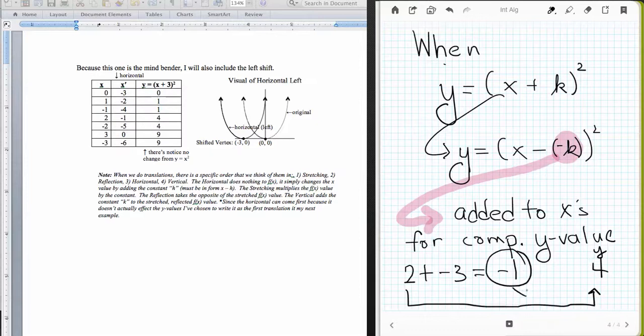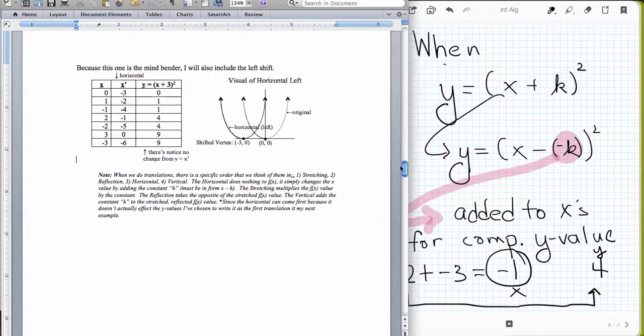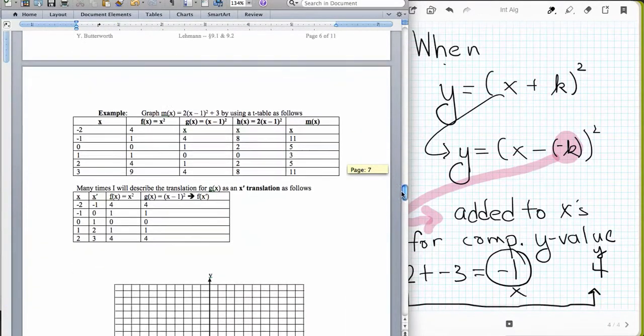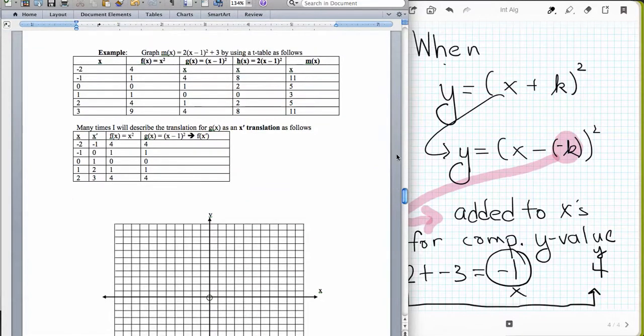Now my x value that gives me a 4 is a -1, and that's what you see right here. So that's how we're going to be doing horizontal ones. Those are really, really tweaky for our mind, but once we get the hang of it, it's easier to deal with. So now we're going to take a graph through all of its translations based upon this idea.